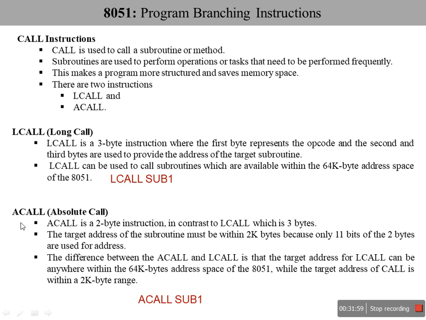Similarly, absolute call is a 2-byte instruction, ACALL subroutine. Control goes to subroutine 1 and executes it, and whenever it encounters the RET statement, the return statement, it comes back to the place where it left. So these are all the call instructions possible in 8051.